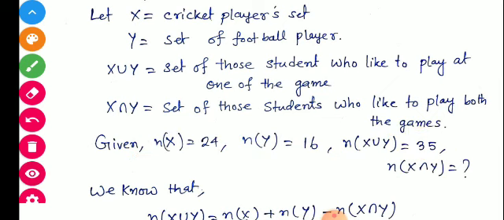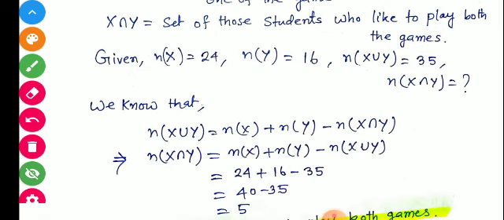So we already know this formula: n of X union Y equals n of X plus n of Y minus n of X intersection Y. So n of X intersection Y we have to find out.